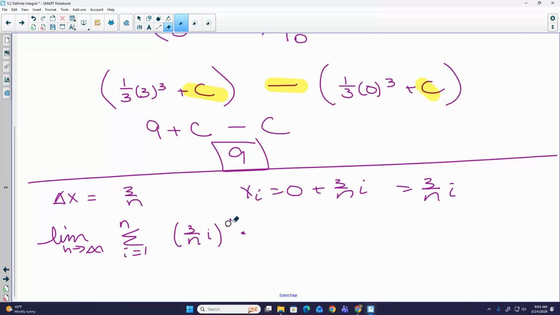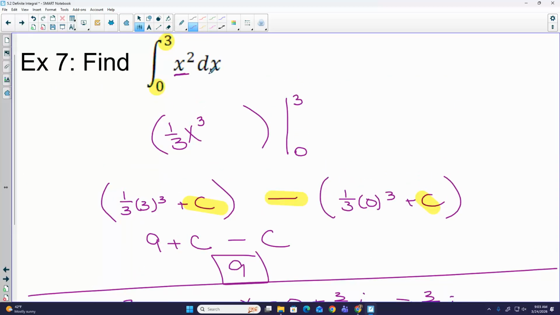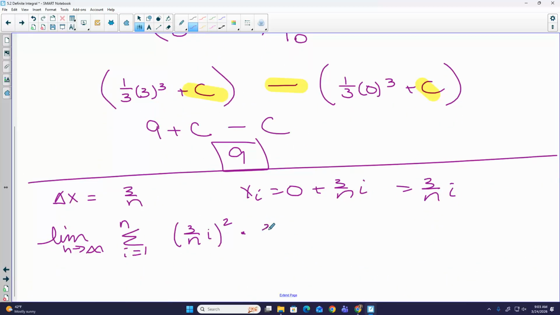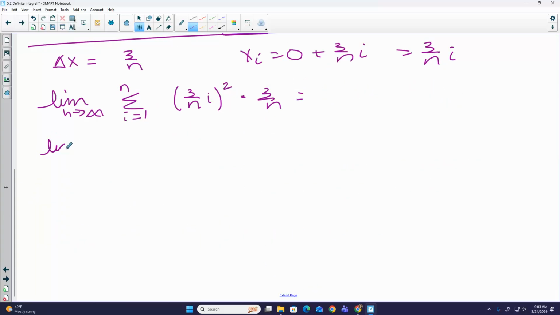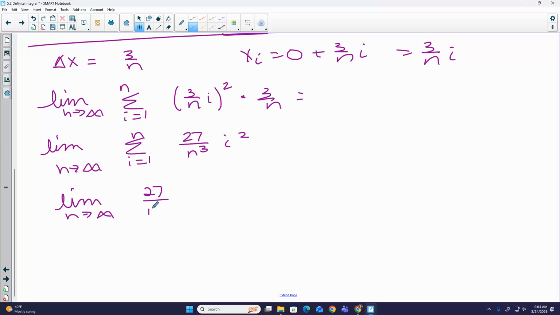The original function, x squared, and then dx is our 3 over n. So if I had done this like yesterday, we get 9 times 3, so 27 over n cubed, sum of i squared. Our i squared formula, n times n plus 1 times 2n plus 1 over 6.